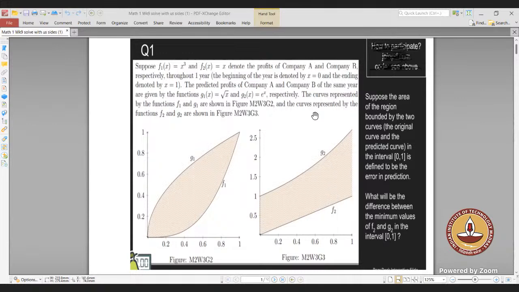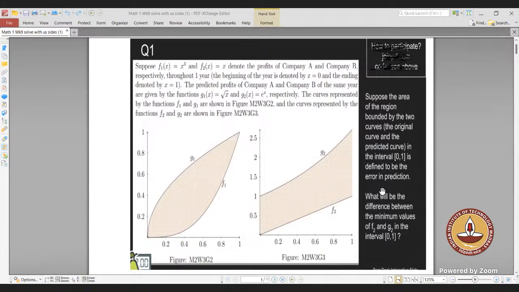This is the sub question given. Suppose the area of the region bounded by the two curves, the original curve and the predicted curve, in the interval 0 to 1 is defined to be the error in the prediction. So basically this area is the error in the prediction.